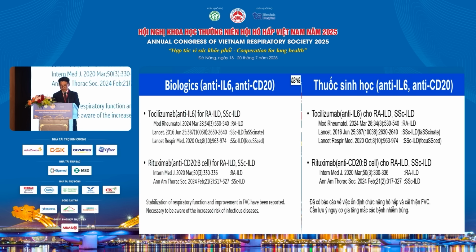IL-6 inhibitors have reported efficacy in RA and SSc, while rituximab is believed to improve inflammation by inhibiting CD20 and inducing B-cell depletion. But caution is necessary regarding the risk of infection, as CRP levels may decrease, leading to difficulty in assessing infections.